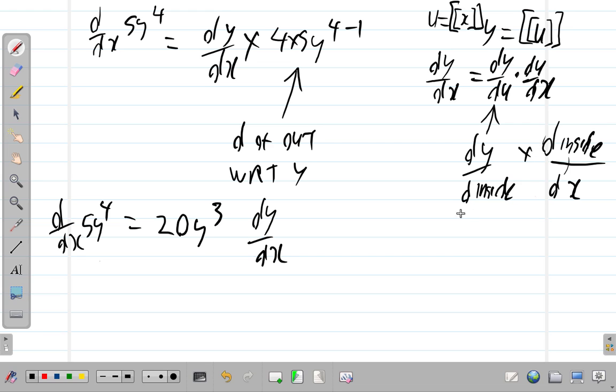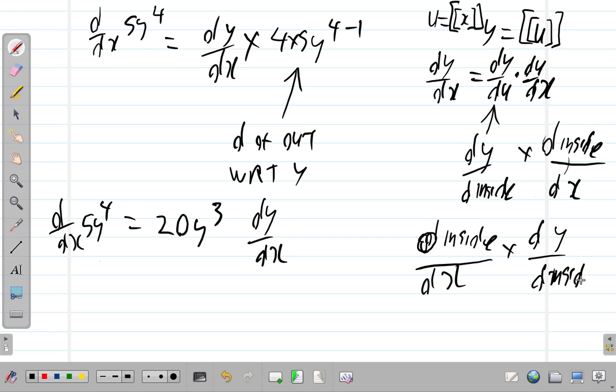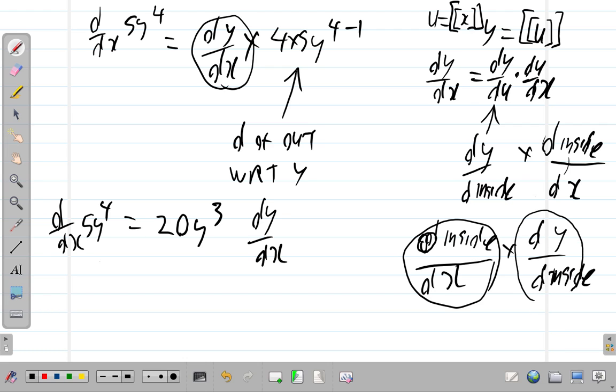In fact, let me rewrite this and put the d inside by dx on the left, times d of y by d of the inside function. So the derivative of the inside function with respect to x is this: y is the inside function, times the derivative with respect to that inside function for this one.